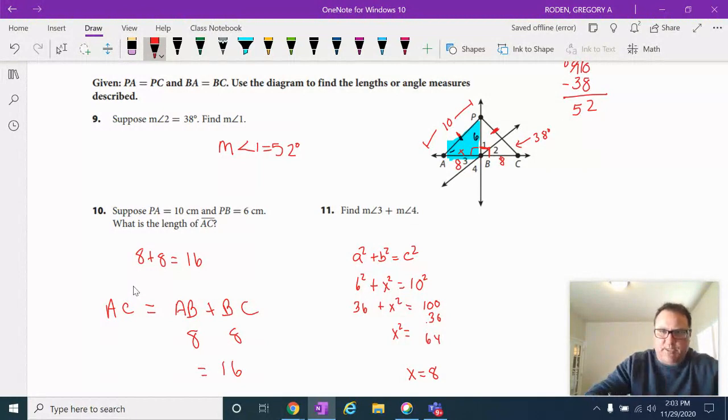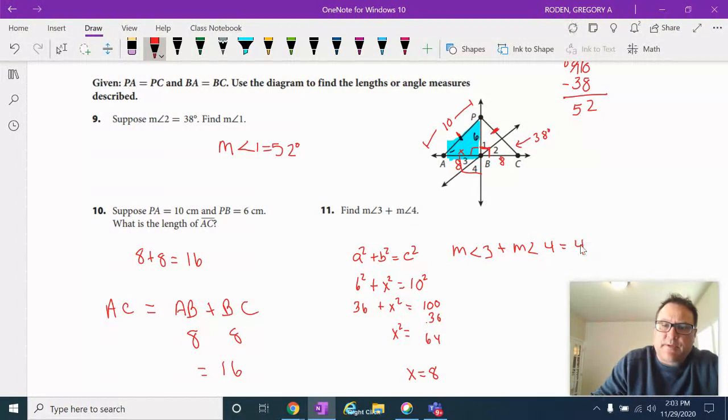Segment addition postulate. All right, find the measure of angle 3 and 4. Well, since it's a right angle, 3 and 4 have to be 90. So the measure of angle 3 plus the measure of angle 4 is just equal to 90 degrees.